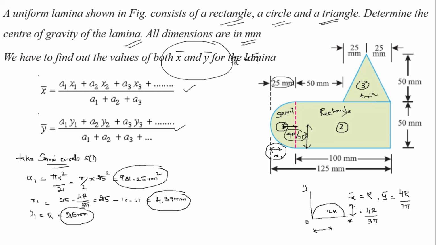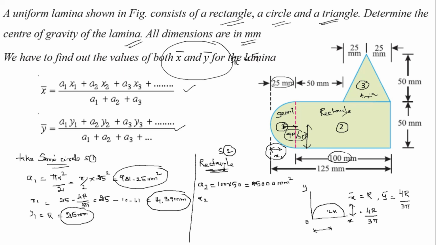Now we need to calculate the next section, section 2, which is a rectangle. The area is L into B, where L is equal to 100 and B is equal to 50. So 100 into 50 mm is 5000 mm squared.